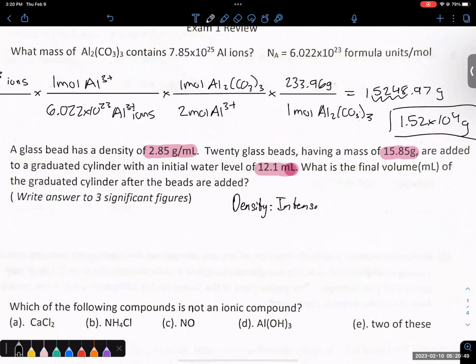But what does that mean for this problem? The density of one glass bead or 50 million glass beads will be the exact same because it doesn't matter how much is added. So the density of one equals the density of an infinite amount.